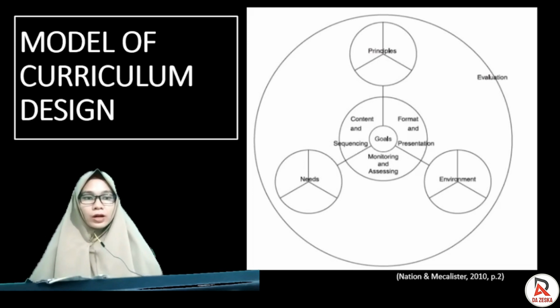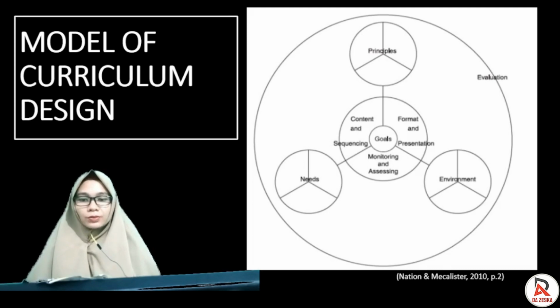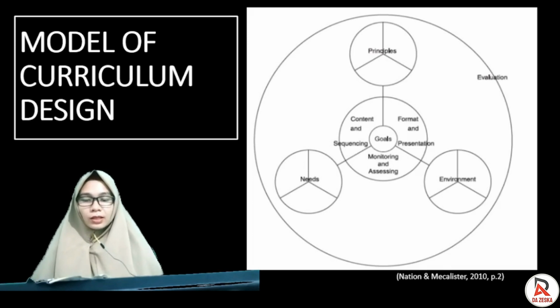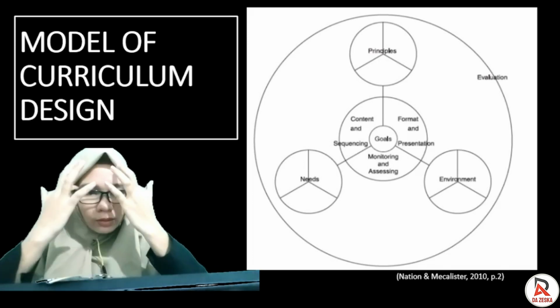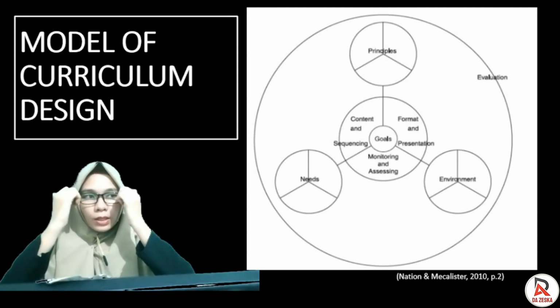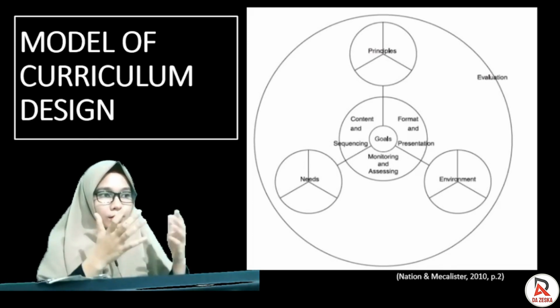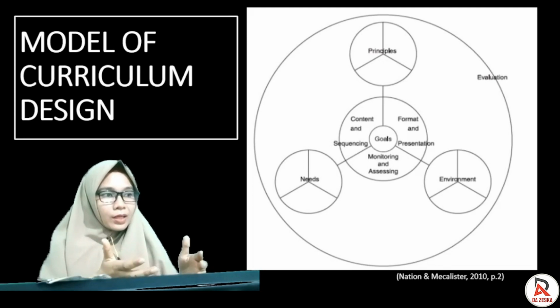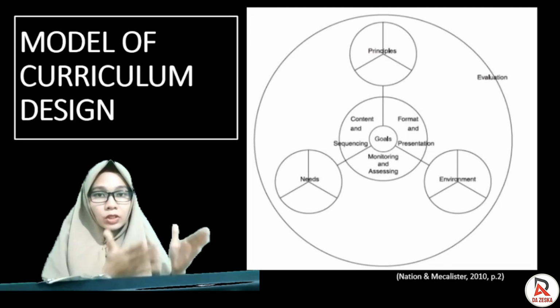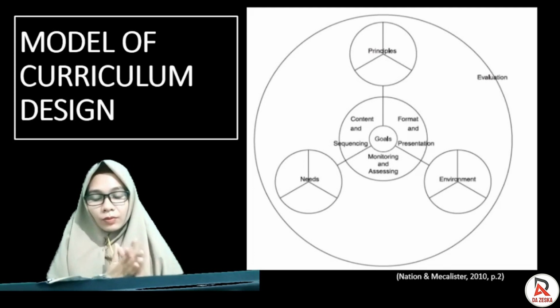So when your students learn the materials that you provide to them, you've got to make sure that they are getting the best return. Return here means that when they learn that lesson, they will have a good return to help them achieve the goal.